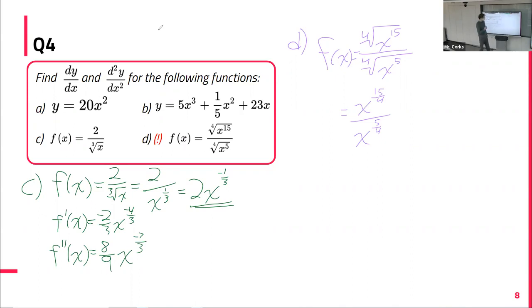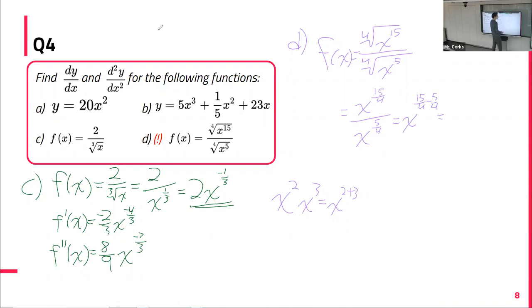Okay, just like we have x squared times x cubed, that's x to the exponent 2 plus 3. If the same base is being multiplied, we add the exponents. Here, if we have the same base being divided, we subtract the exponent. So this is x to the exponent 15 over 4 minus 5 over 4.